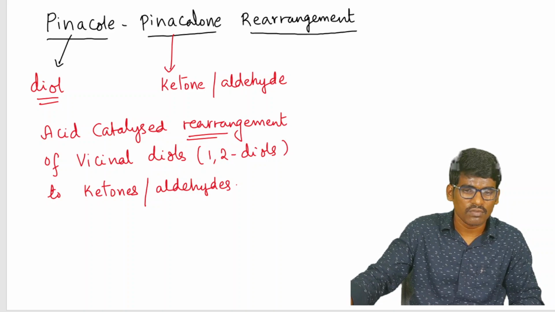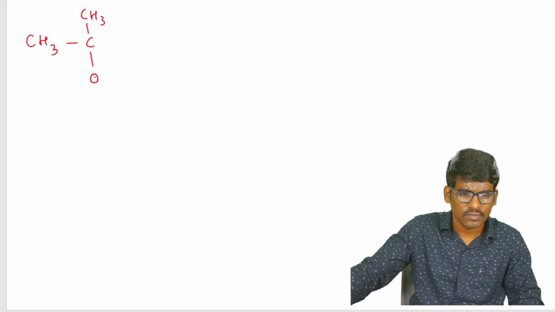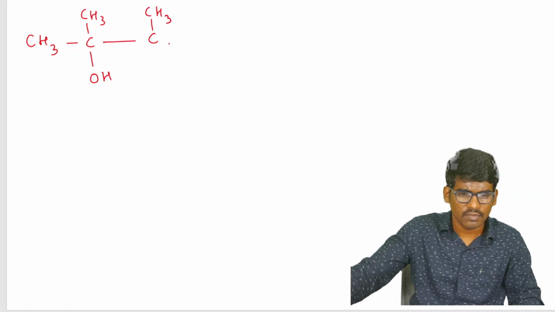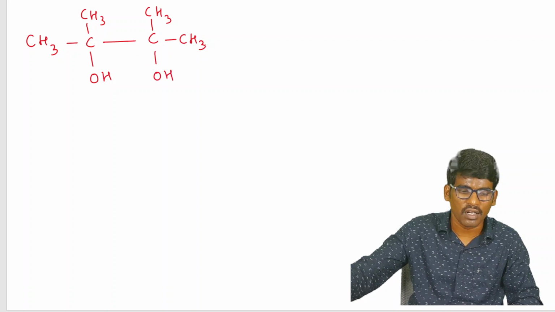Let us try to understand with the help of an example. If I take a diol like this, the condition is that the alcohol must be a diol, a vicinal diol. It should not be a geminal diol.